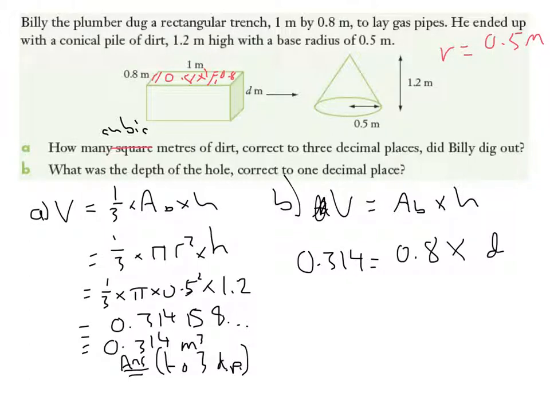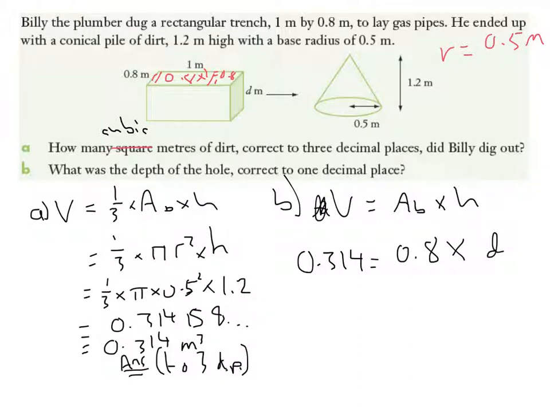Can we solve this equation? You betcha we can. Because in the previous question they've asked you to round it, it is okay if you use your rounded answer, 0.314. I would personally think that you should use the calculator answer. However, either is acceptable.